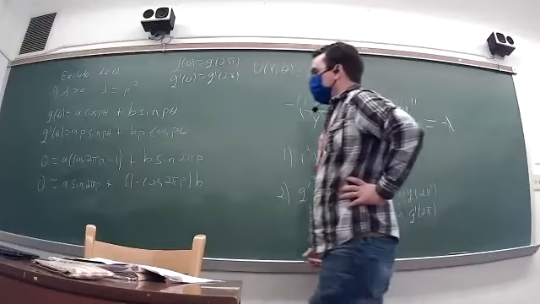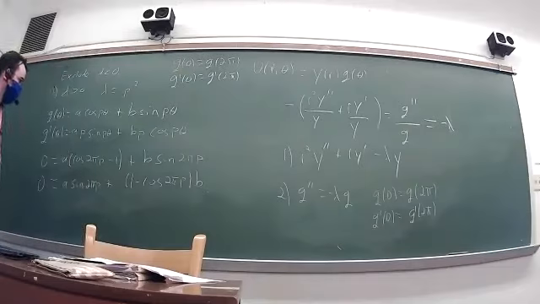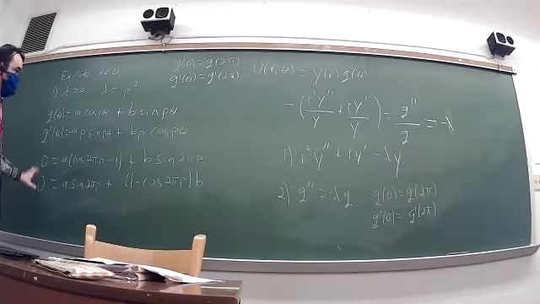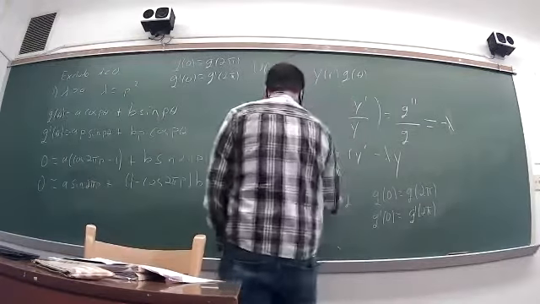And so a and b have to be such that this equation is satisfied. And so this is a linear equation, 2 equations and 2 unknowns.